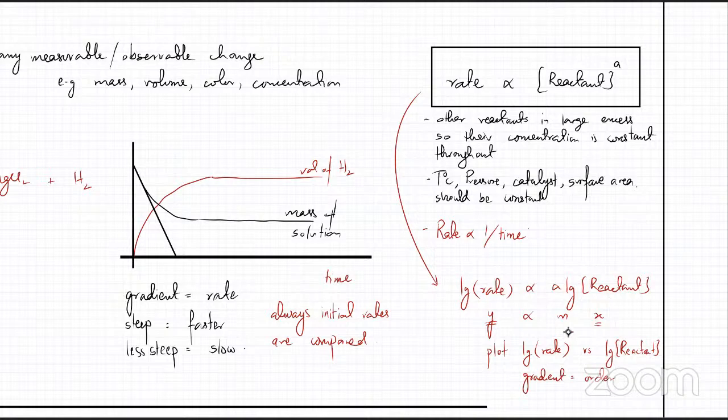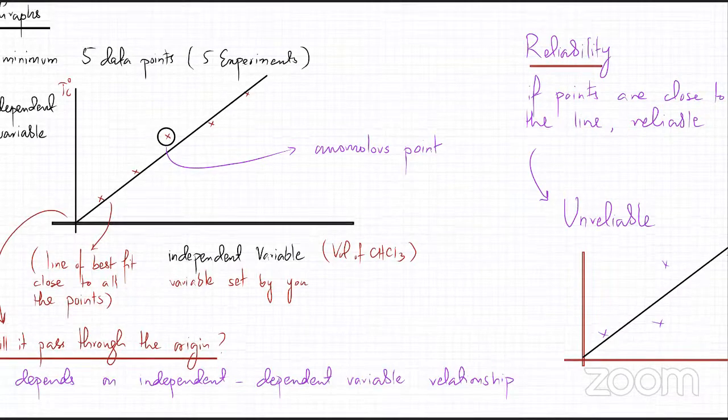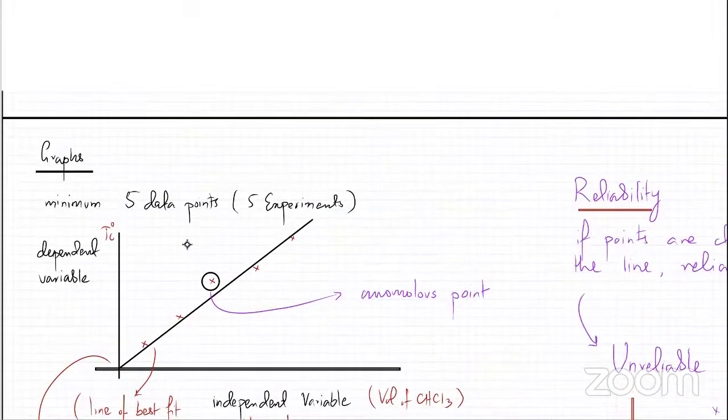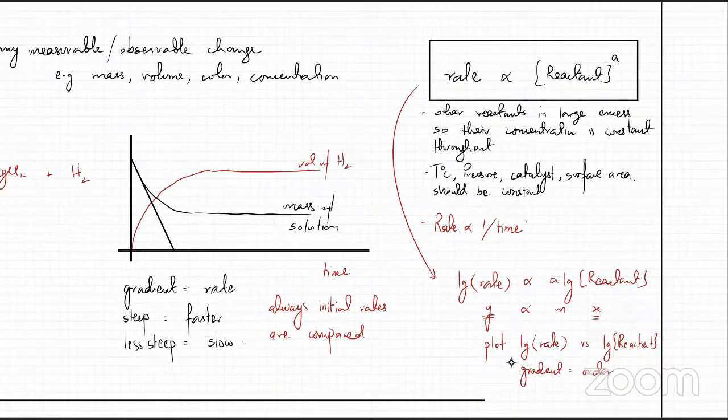So m is going to be your gradient, ठीक है? तो आपने ये करना है, log of rate plot करोगे versus log of reactant concentration, and you'll be able to find the order of reaction, which is going to be your gradient. Is that clear? सर ये दोनों ऑर्डर के लिए होगा, फर्स्ट सेकंड, और gradient जीरो ऑर्डर के लिए भी? हाँ, उसमें फिर जो gradient आएगा जीरो आएगा. ठीक है. ये क्लियर है ना?